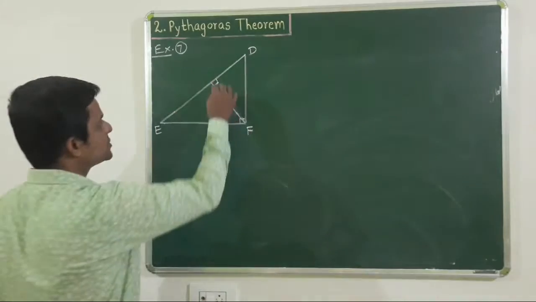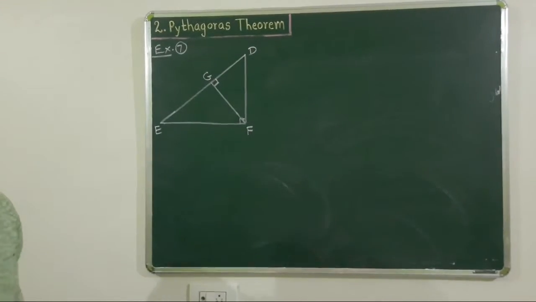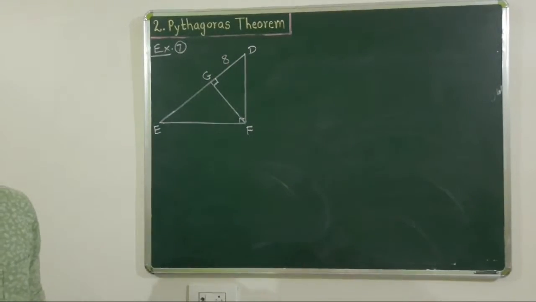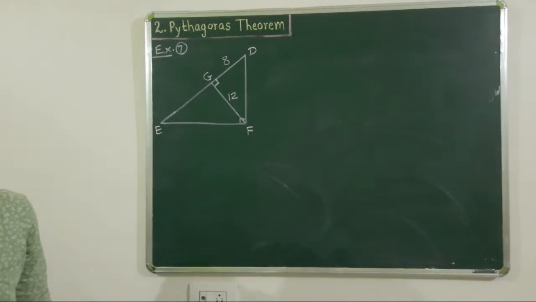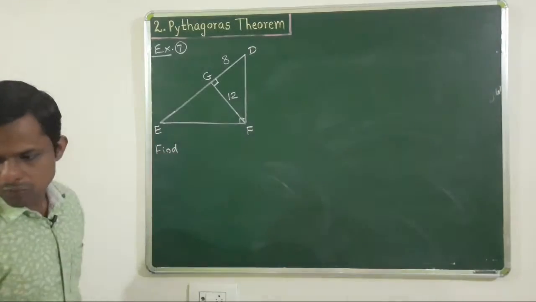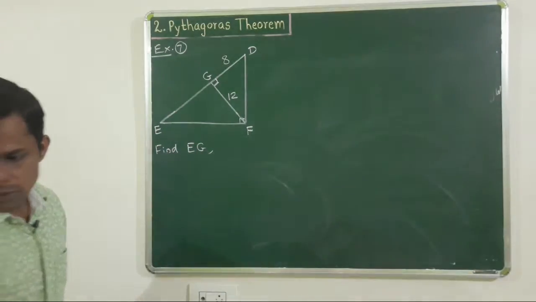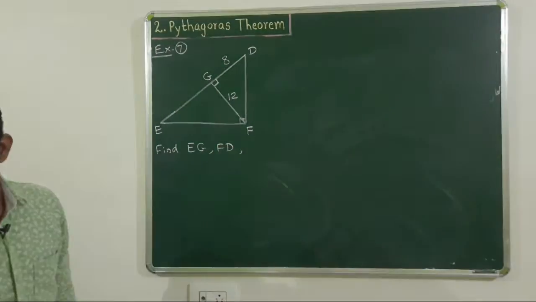Suppose FG is perpendicular to DE. GD is given as 8. GF is given as 12. And we have to find number 1 EG, number 2 FD, and number 3 EF.